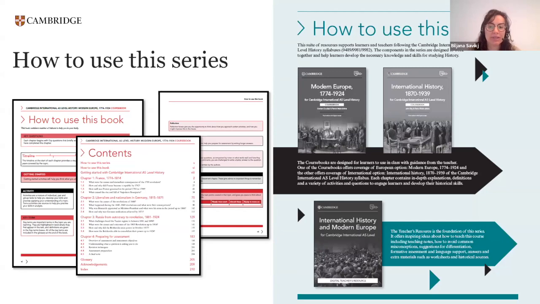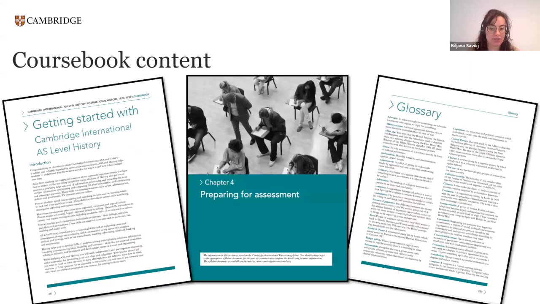On the next slide, we have some new features, including the Getting Started With chapter, which outlines what the course covers, the difference between IGCSE and AS level history, and the skills that are needed for students to succeed at this level, so they know what to focus on.